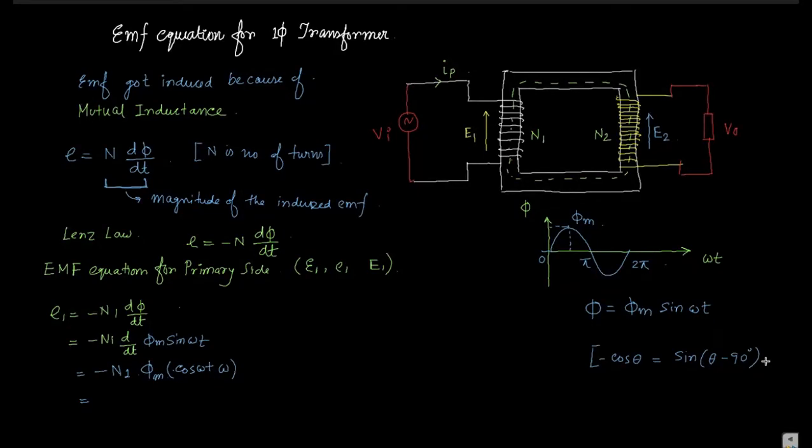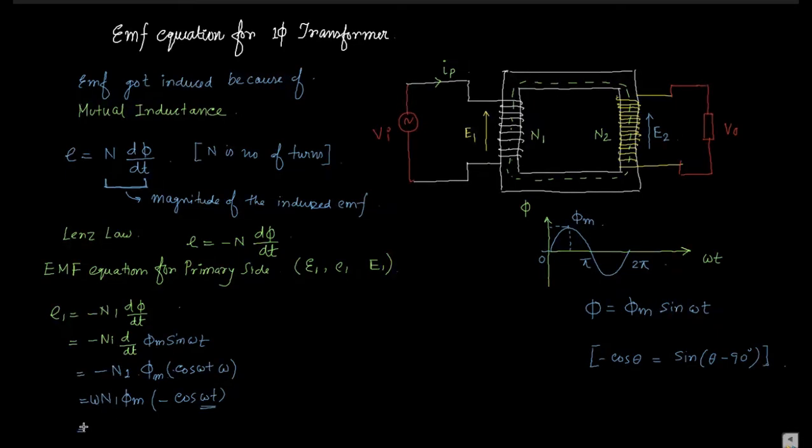Here theta is nothing but omega t. So we write N1 phi m omega outside, and taking this minus inside, this becomes minus cos omega t. Here theta is nothing but omega t.